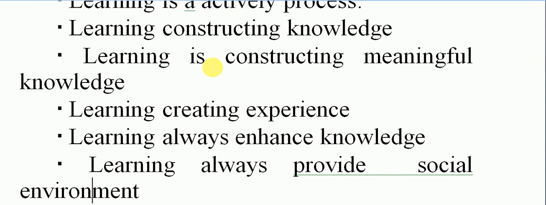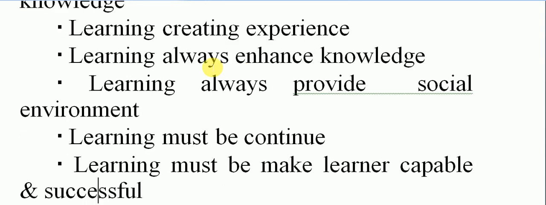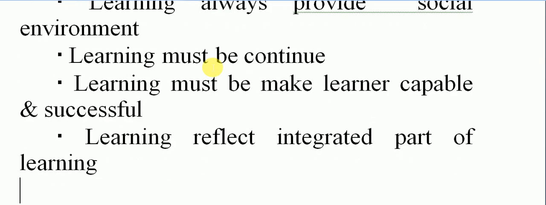Learning always provides a social environment, because the social environment is one of the best tools of learning. Learning must be continuous. Learning must make a learner capable and successful. If we learn something, then we are capable of success. Reflection is an integrated part of learning.